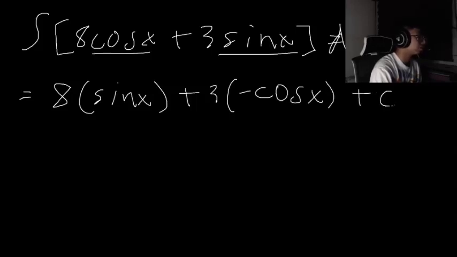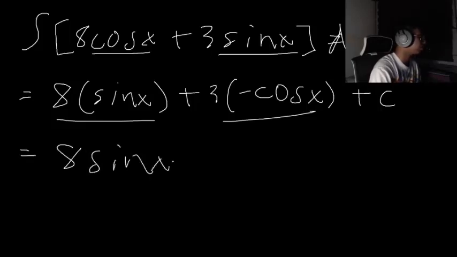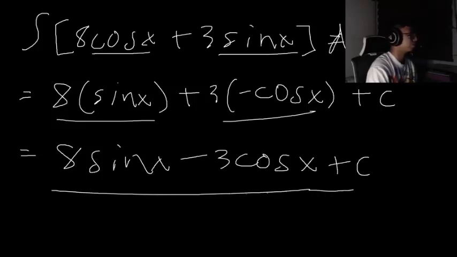Don't forget the plus c. Then multiply them. 8 sine x minus 3 cosine x plus c. There we go. We have the answer. That's why it is important that you memorize all the trigonometric functions and their antiderivatives.